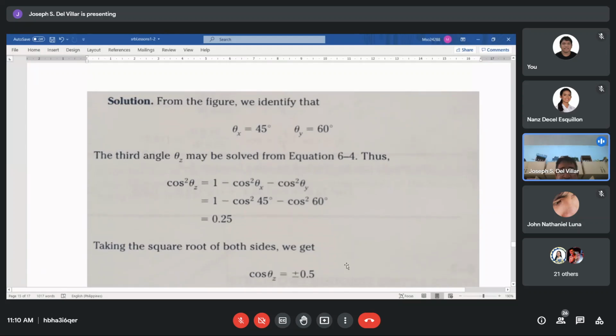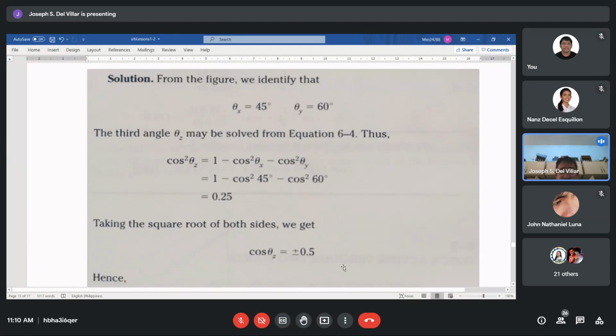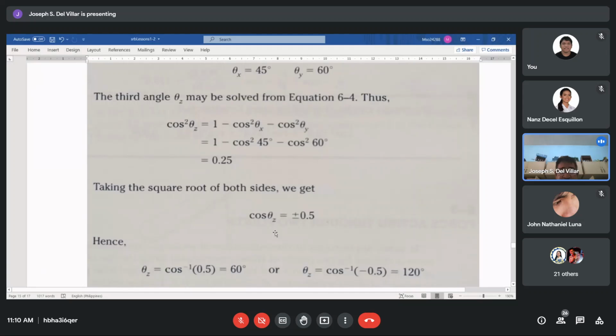We need to find only theta sub z. So extracting the square root, cosine theta z is plus or minus 0.5. Of course, we are not after the cosine theta z, but we are after theta sub z. So this means that we need to solve for theta sub z is equal to arccosine of positive 0.5, and theta sub z is equal to arccosine of negative 0.5.